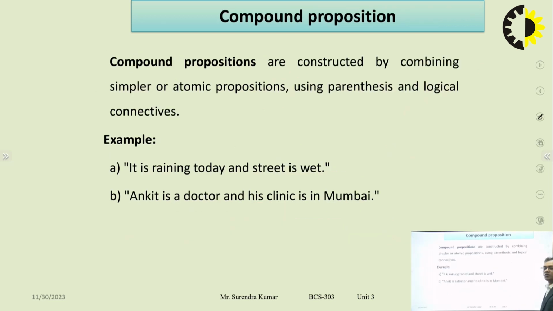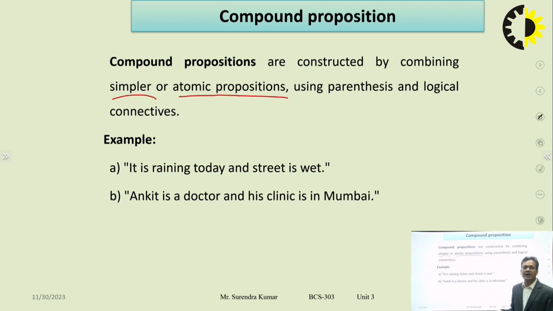Now we talk about the compound proposition. As the name suggests, compound means a mixture of more than one element. So how can you define the compound proposition? They are constructed by combining simpler, or you can say atomic, propositions.